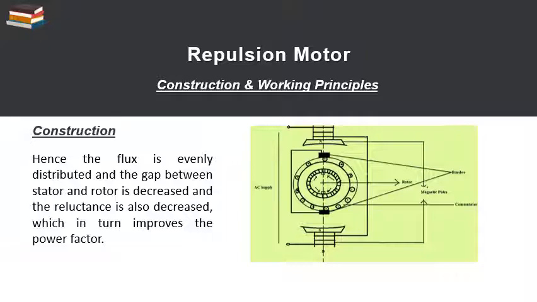So this is the constructional diagram of the repulsion motor. It consists of the stator, rotor, commutator and carbon brushes.